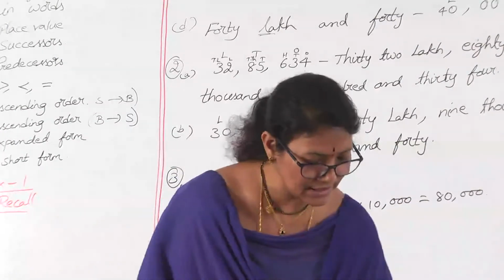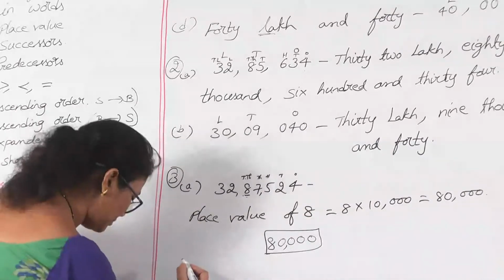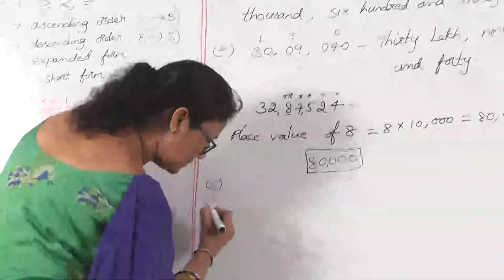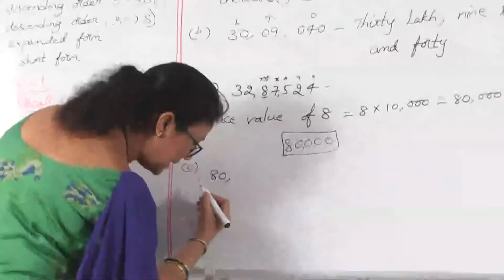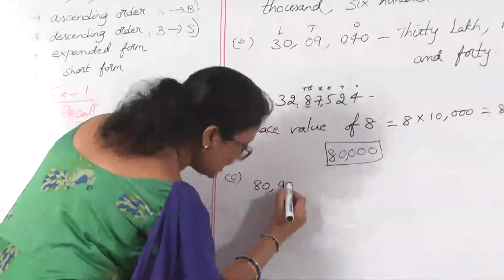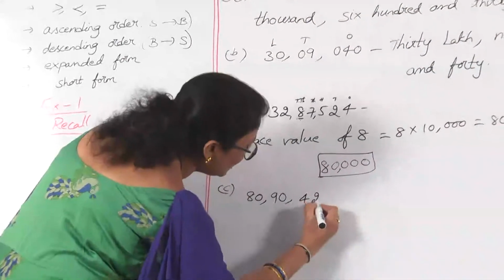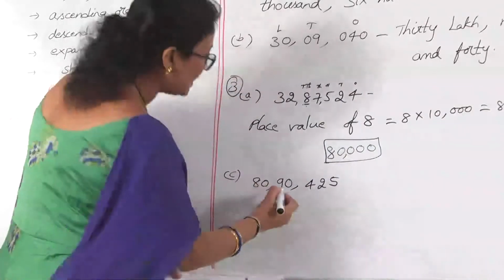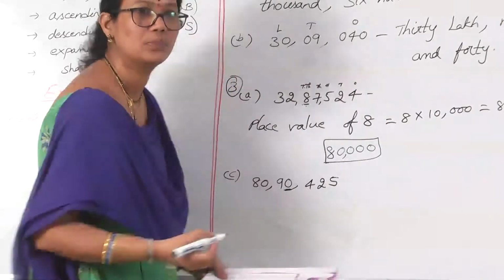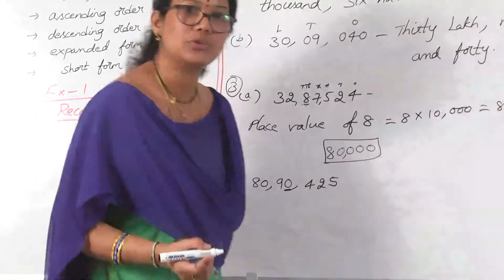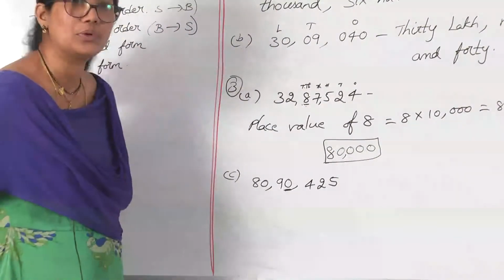Let us do one more in this. C, 80,90,425 and the digit underlined here is 0, right, children? It is asked to write the place value of 0, right?